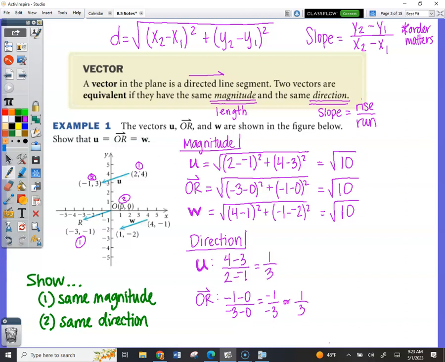All right, let's do W. I'm running out of room. I'm going to put W right here. Doesn't matter here. I'm going to go from that end to this end. So, negative 1 minus negative 2, the y's, over the x's.